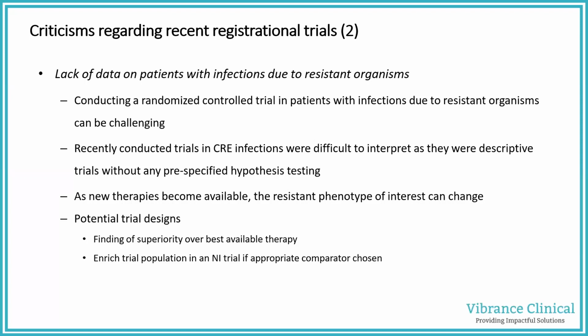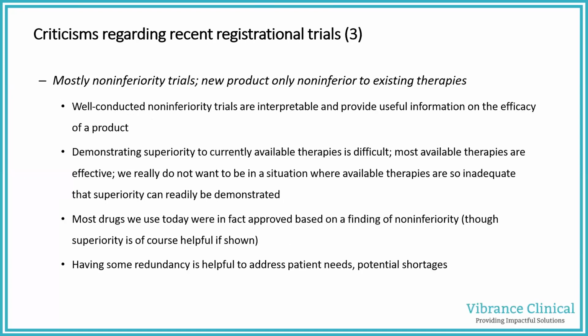Both are acceptable, but typically, in general, if I have to make a statement, the superiority trial is always the best to do. But depending on what disease and what antibiotic options we have and what we want to compare it with, depending on what the product looks like and its function, we can design those kinds of studies as well. Mostly non-inferiority trials, new products only, non-inferior to the existing therapies.